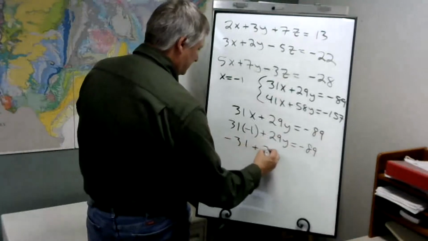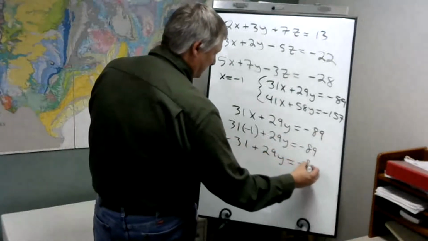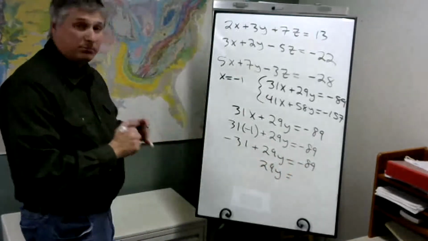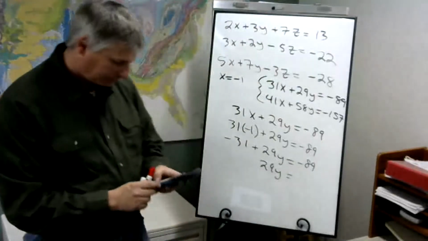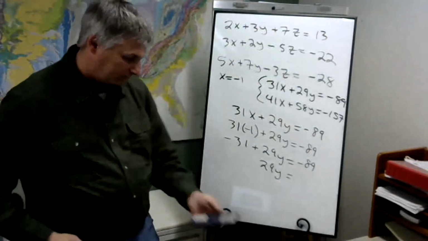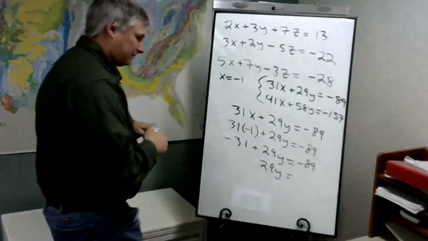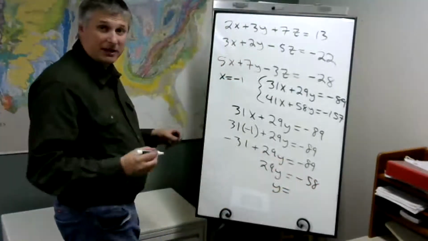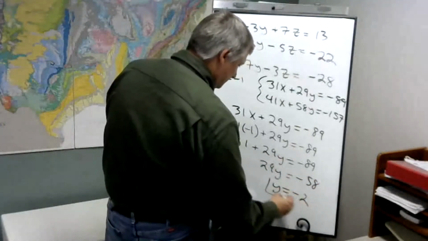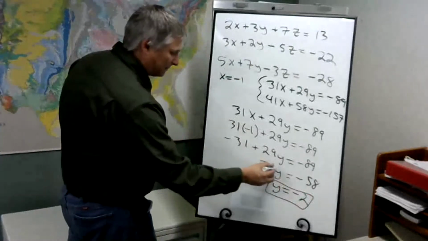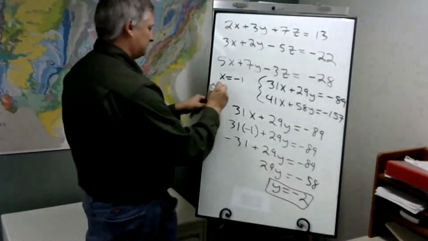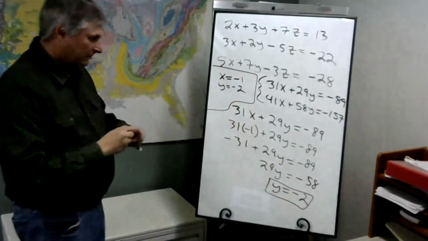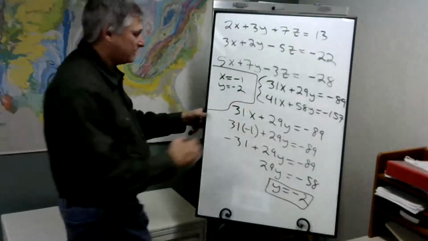Minus 31 plus 29y is -89. So 29y equals -89 plus 31, which is -58. And y equals -2 if we divide both sides by 29. So we have x and y.